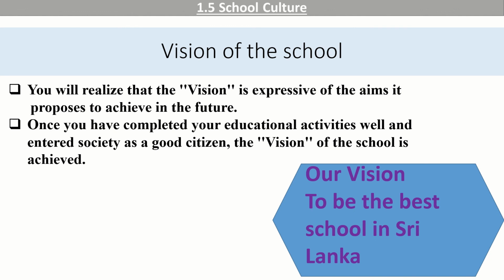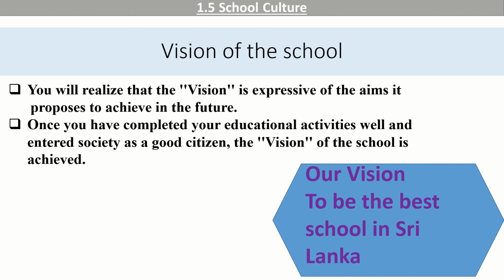You will realize that the vision is expressive of the aims it proposes to achieve in the future. To be the best school in Sri Lanka. It proposes to achieve this in the future, not the present, the future.